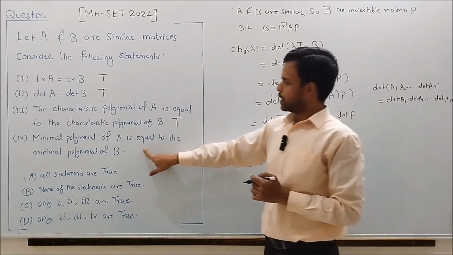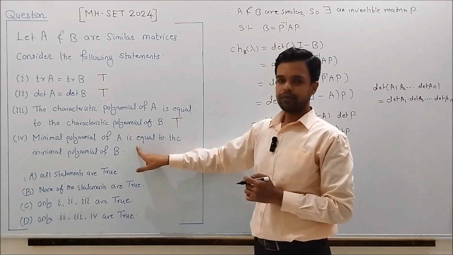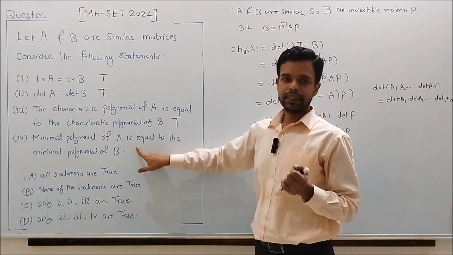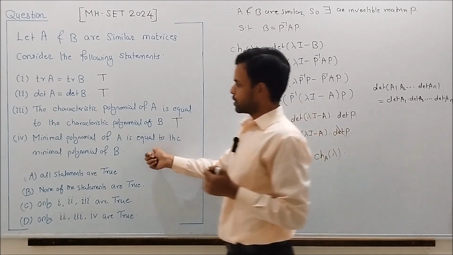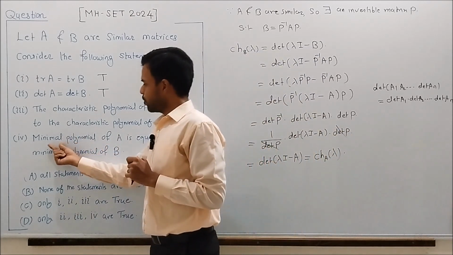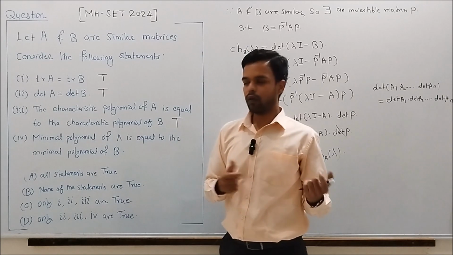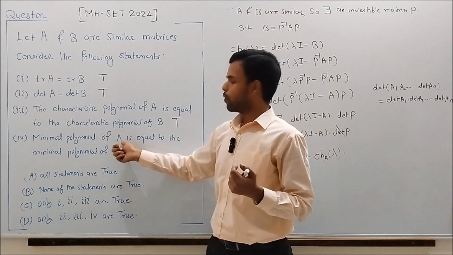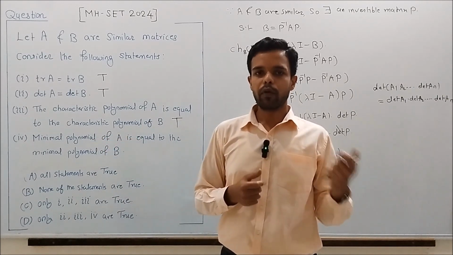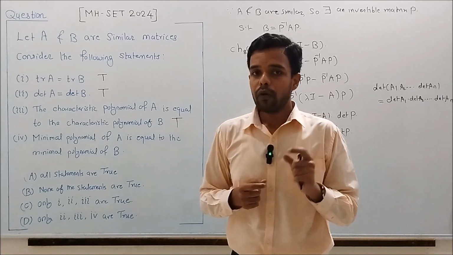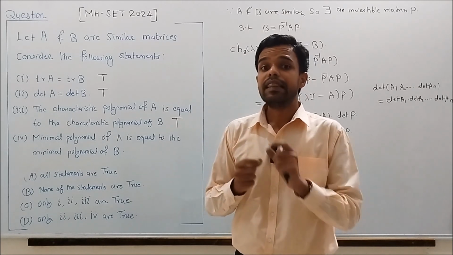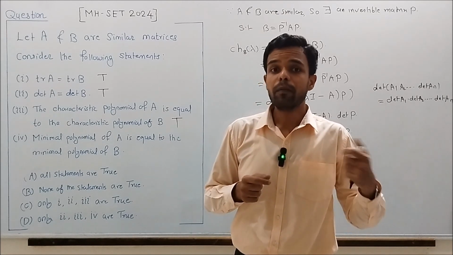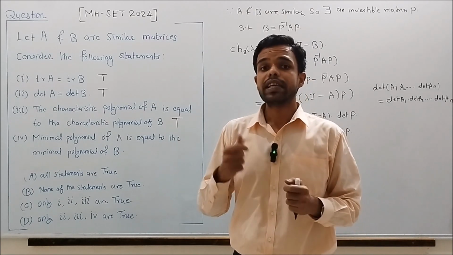I will leave the proof of this for you, but I will provide the hints. To prove statement 4, you have to use the definition of minimal polynomial of a matrix. What is the definition of minimal polynomial? The minimal polynomial of a matrix A is the least degree monic polynomial of which A is a root.